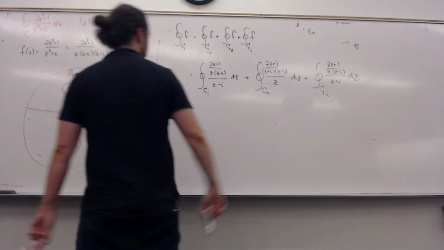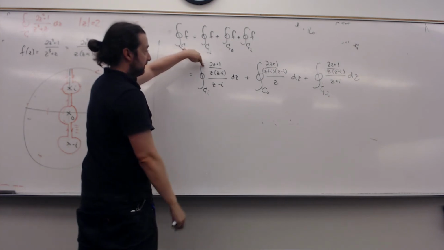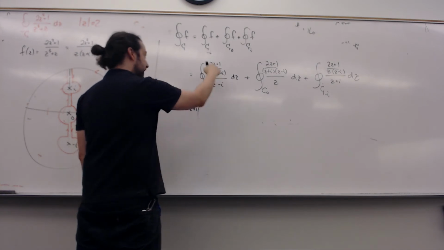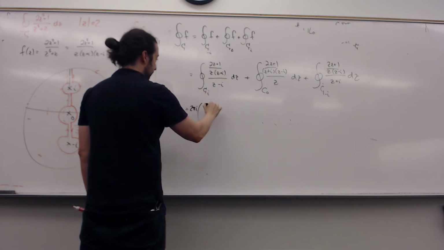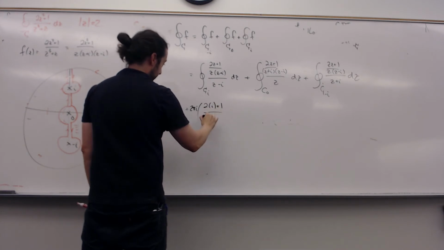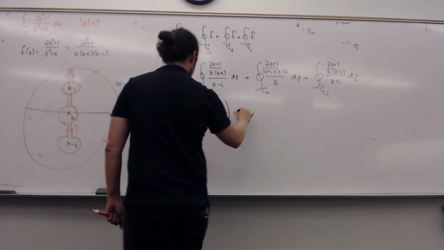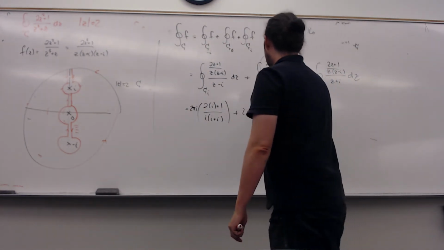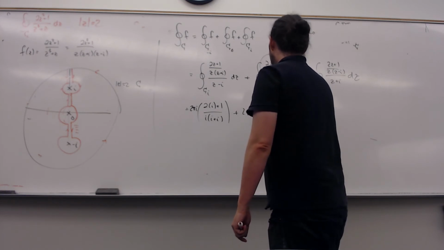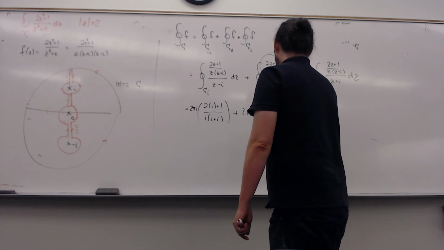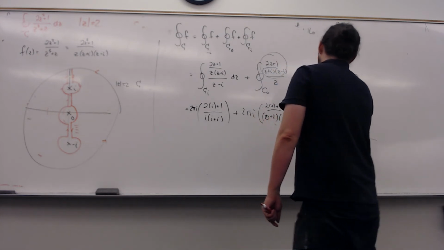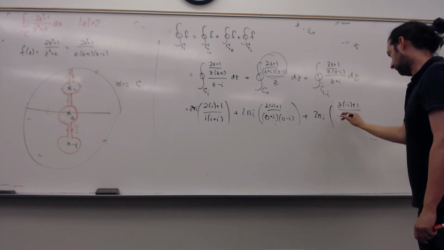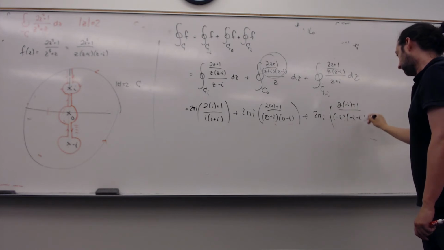Okay, so what does the Cauchy integral theorem say? It says this function was analytic on that disk, which contains that point, so I can write 2 pi i times the value of this function at that point, (2i plus 1) over (i times (i plus i)), plus 2 pi i times the value of this function at that point, (2 times 0 plus 1) over ((0 plus i) times (0 minus i)), plus 2 pi i times the value of that function at that point, (2(minus i) plus 1) over (minus i times (minus i minus i)).